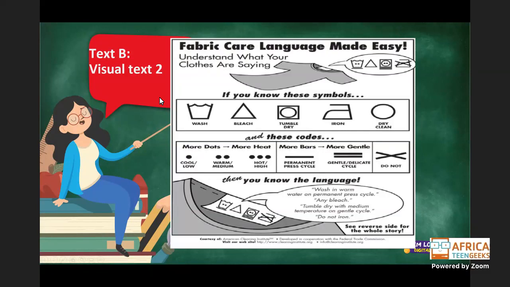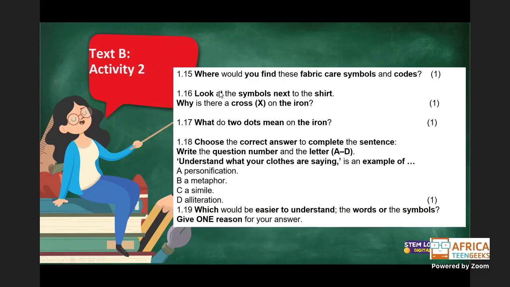Let's look at it. We will do this exercise together. Where would you find these fabric care symbols on clothes? I will wait for your answers, guys.